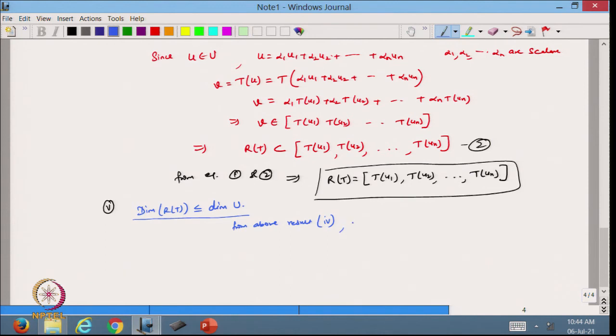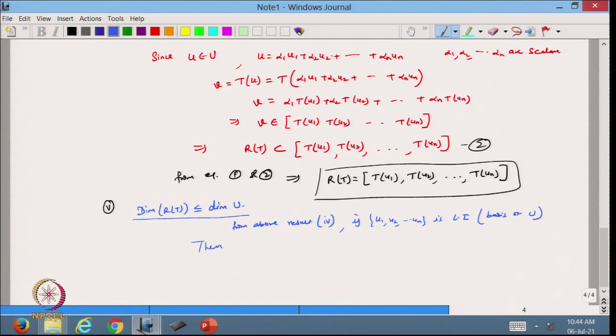If the set U1, U2, up to Un is linearly independent, then we know that a given transformation is uniquely determined by the values of the transformation at its basis.